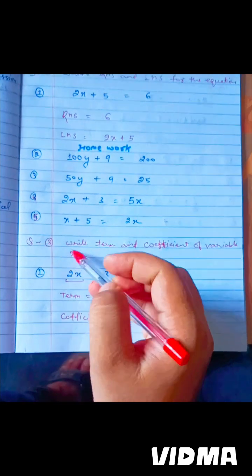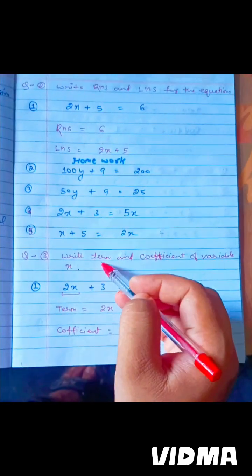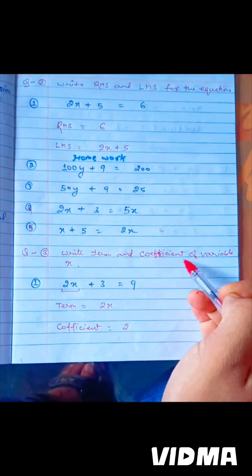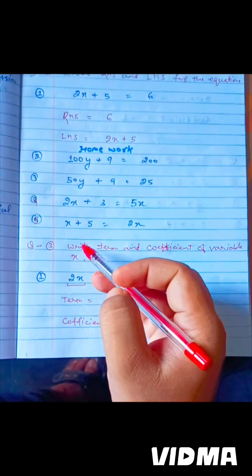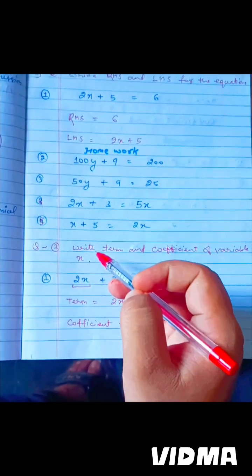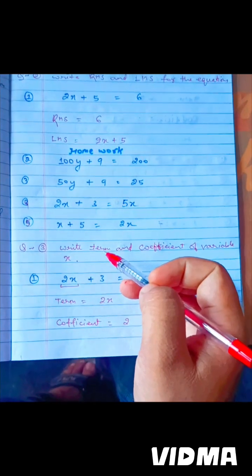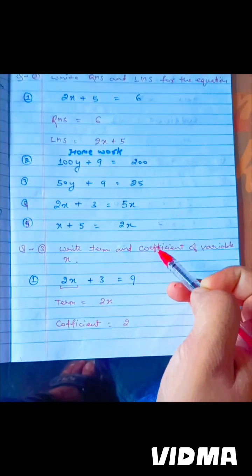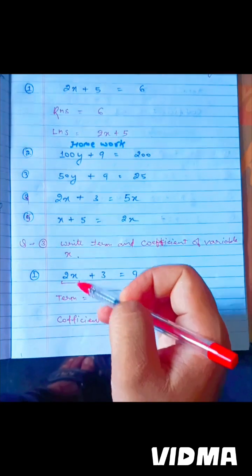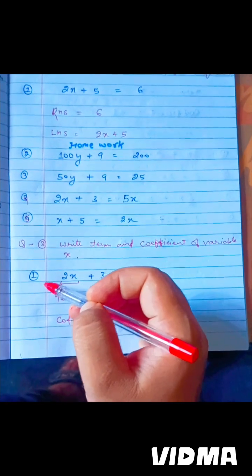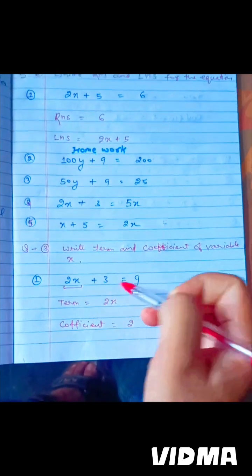Another type of question is: write the term and coefficient of variable x. It means in an equation you have to write only the coefficient and the term of the variable x. The first example, there is 2x plus 3 equals 9.